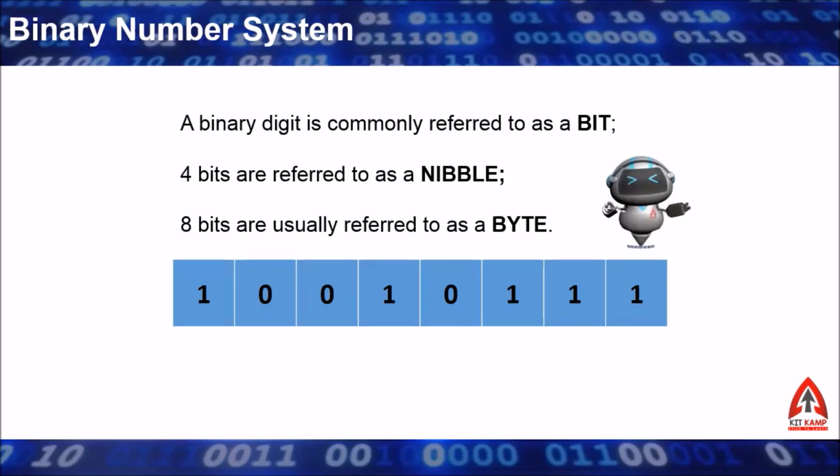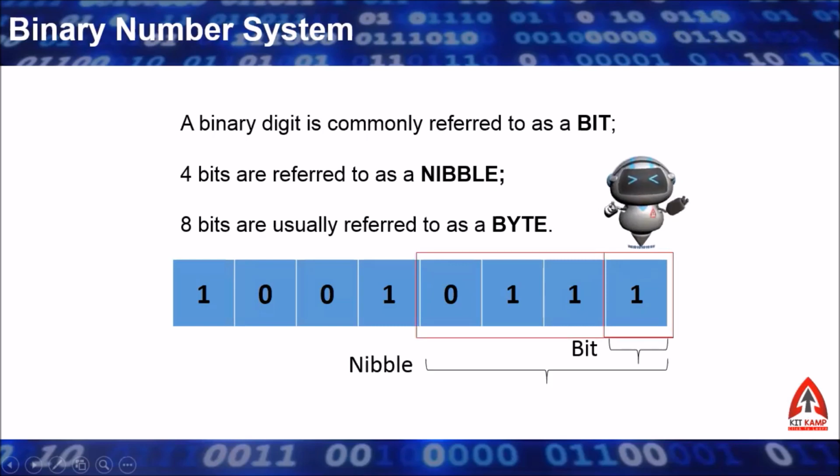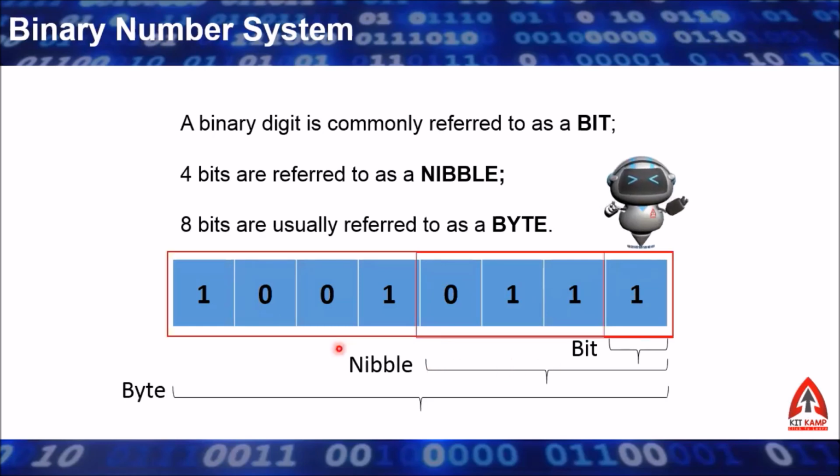Now, a binary digit is commonly referred to as a bit. So we just understood that a single value of your binary number is known as a bit. If there is a group of 4 bits, like 1, 2, 3, 4, this bit group is known as a nibble. And if there are 8 bits in a group, 1, 2, 3, 4, 5, 6, 7, 8, this is known as a byte, right?